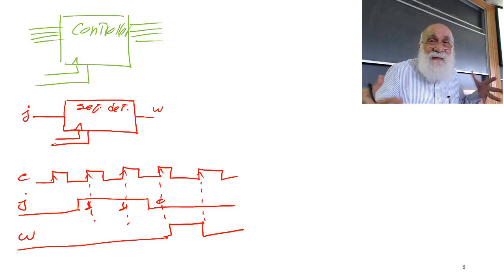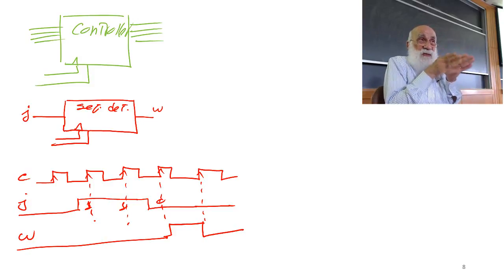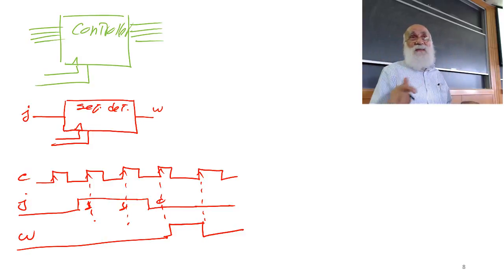And I'm guaranteeing that this little circuit represents very complex controllers. These circuits are called sequence detectors because they detect a certain sequence of ones and zeros on their inputs.